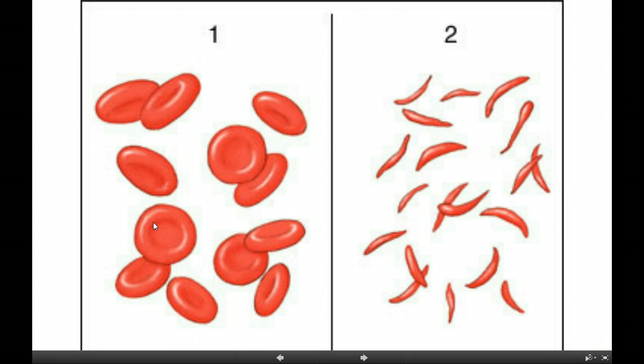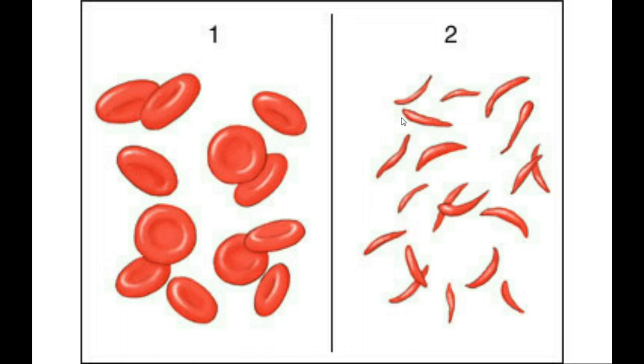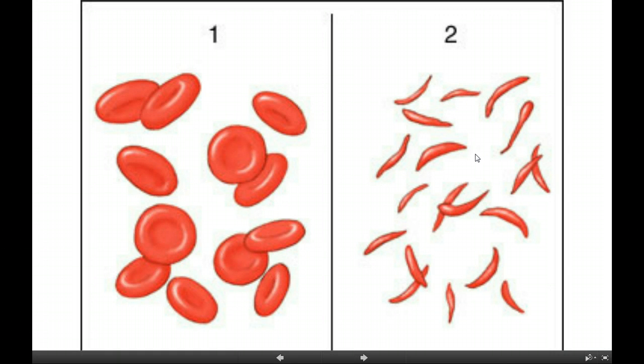If you don't know what these are, these are red blood cells, and these are sickle cell red blood cells. I think it's safe to assume that most of you have these kinds of red blood cells, and maybe a few of you have sickle cells, or you know someone who has sickle cell anemia. These are two different variations of red blood cell shape based on the proteins that make them up. In some environments, the sickle cells are more advantageous than these donut-shaped red blood cells.